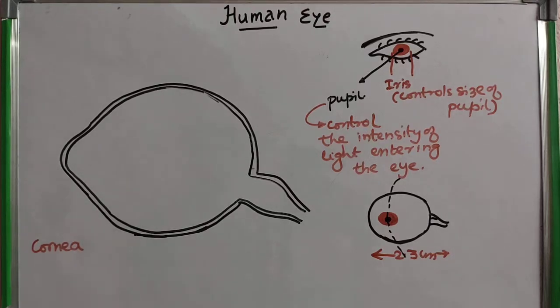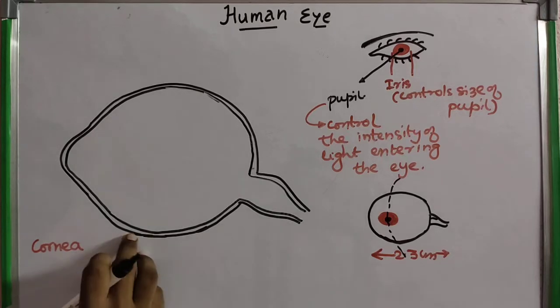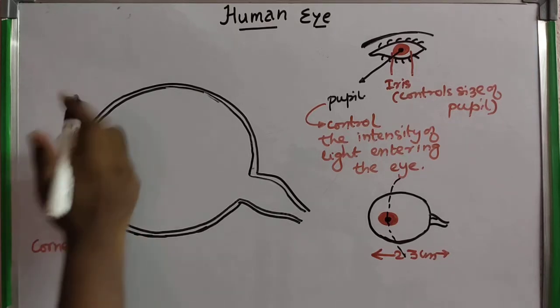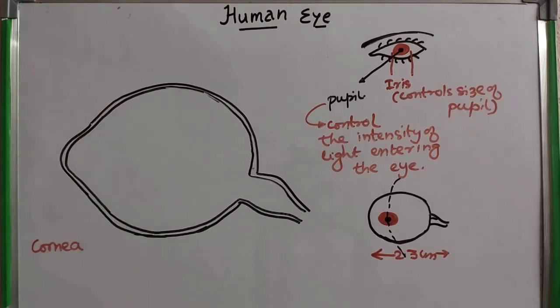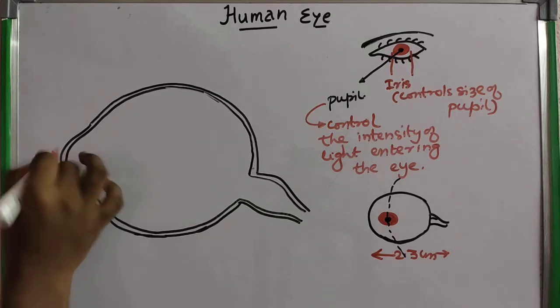In the front make a bulge. So this is the basic structure of the eye. This bulge is called the cornea.